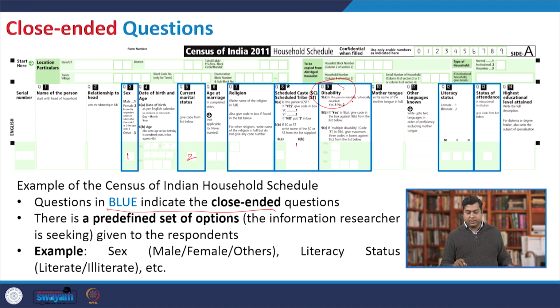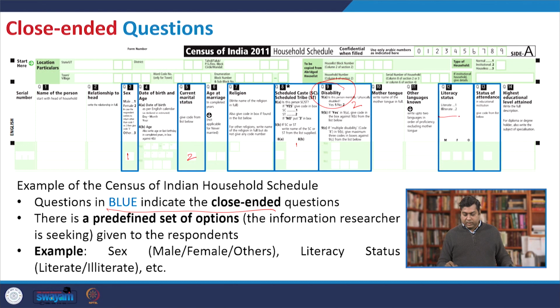In this case it is not a case of disability, so I write 2. If yes, then you have to again give a code for the type of disability, like, for the disability certificate there are certain percentages, whether it is the auditory part, or vision, or mobility impairment, or some other level related to that.